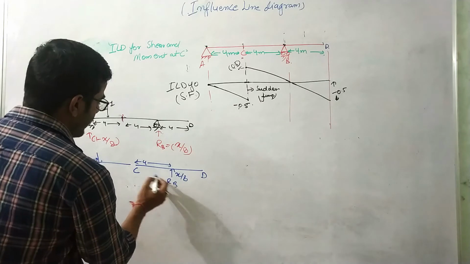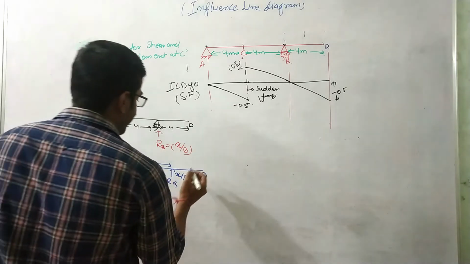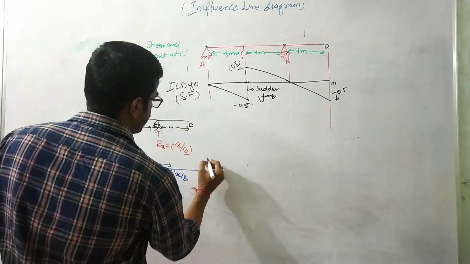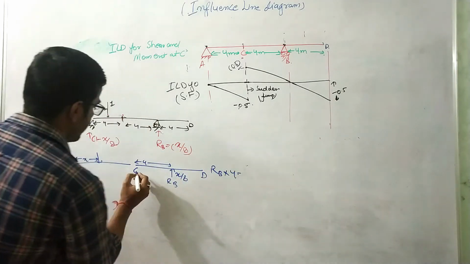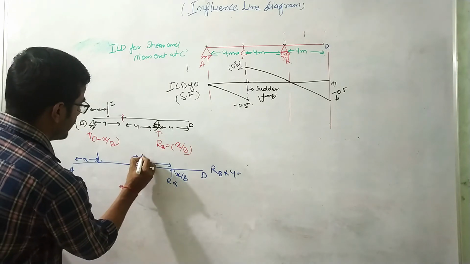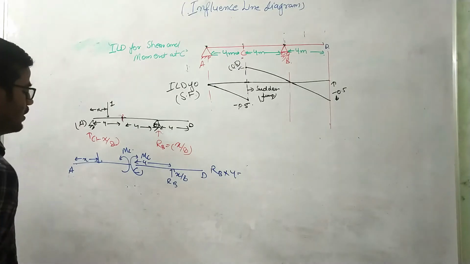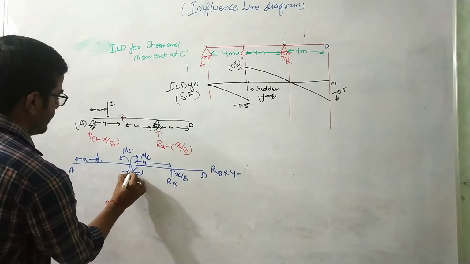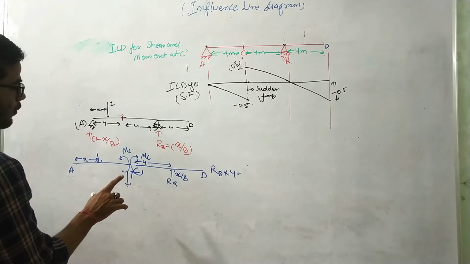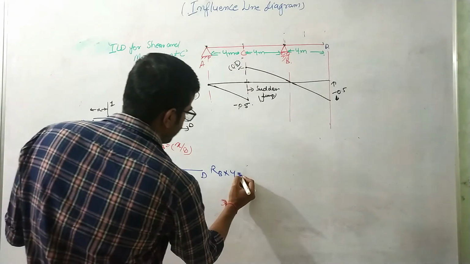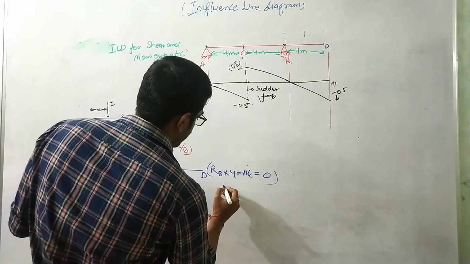So for the moment equilibrium, if I take the moment about point C, I can write it like this: RB into 4, and some moment, let us suppose some MC moment, will be there, and here also to balance that MC moment will be there. Some shear force will also be there, but we are not considering that. So RB into 4 minus MC equals 0.